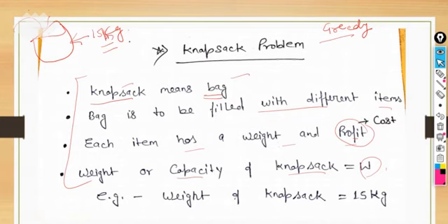Many items are available which have a weight of less than 15 kg, so how can you decide? That matters a lot. You have to decide which item to insert into the bag and which not, according to the profit of that item, which should be maximum.